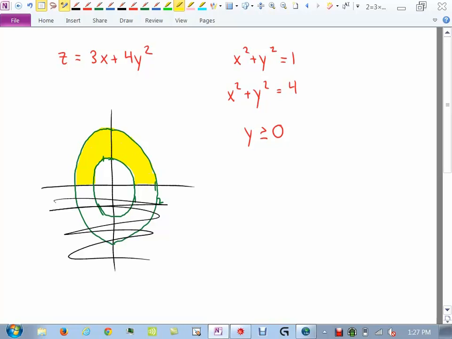So let's try type 1 for a second. Type 1 would mean our x's have to be between two constants, and our y's would have to be between two functions of x. So look at this. I agree that up here, you've got kind of like an upper function of x. But on the bottom, it's kind of weird, because right here and right here, what's on top and bottom is different, right?